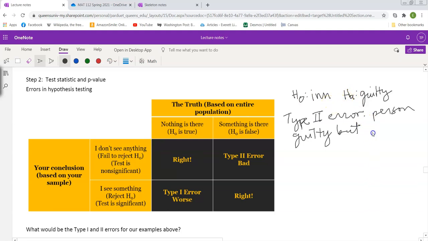Okay, so the person was guilty, but they were acquitted. Okay, so that's a bad thing.